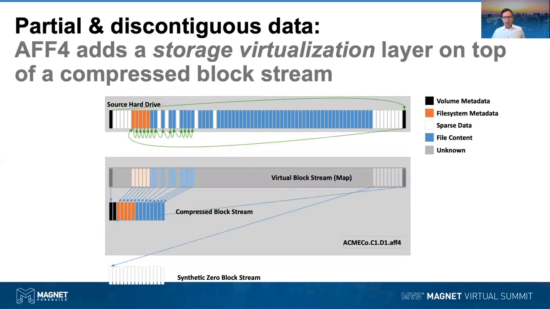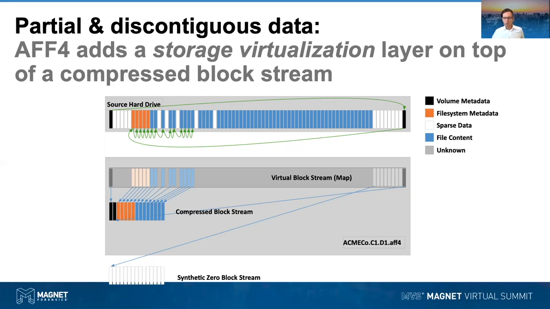Now, what AFF4 does is it takes the general model that we've got of an E01, i.e. the compressed block stream, but then it adds on top a virtualization layer, which we call the virtual block stream. What that virtualization layer allows us to do is, firstly, represent discontinuities in the hard drive. If you have a look at the virtual block stream below, which is mirroring the source hard drive up above, you can see some of the white blocks there that we're using to represent sparse data or all zeros.